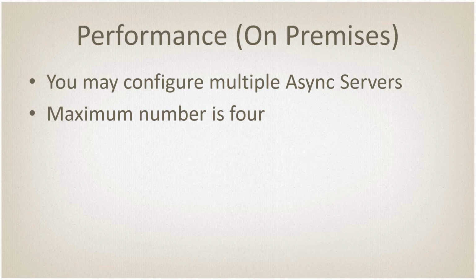If you ever get into that predicament where your async service is using too much memory or it's too slow or your system is slower, the first thing to do is create a new server. It doesn't matter what kind it is, just a Windows server. Put the async service on that one, and then turn off the one on your CRM server.